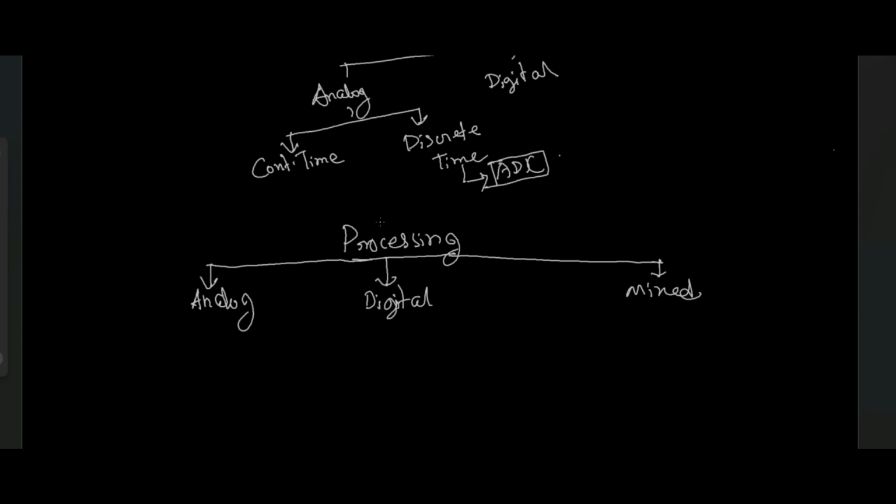So analog processing was used before the 70s. Digital is used after the 60s, and the mixed, this is the current trend. Right.